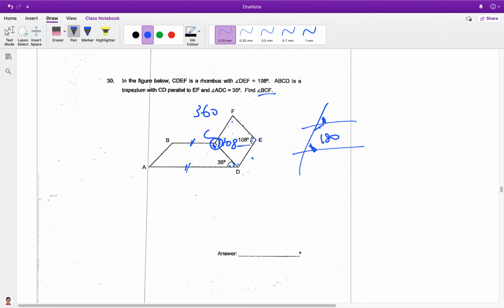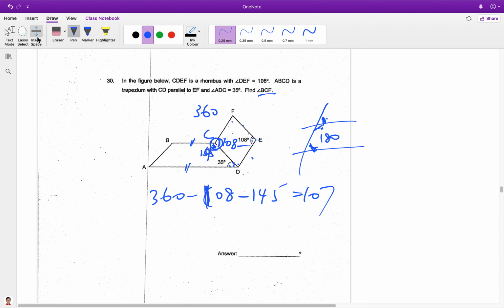So this one plus this one is 180. So this angle equals 180 minus 108 minus this angle. This angle is 180 minus this one, which is 145. So we can calculate 107.